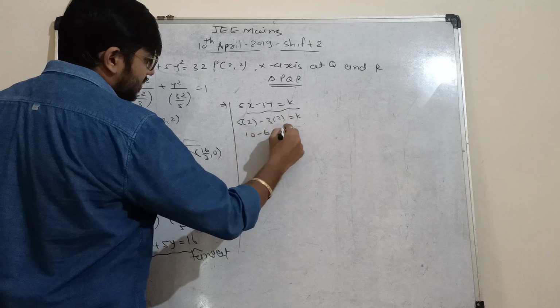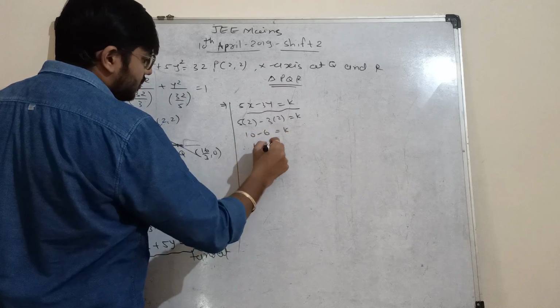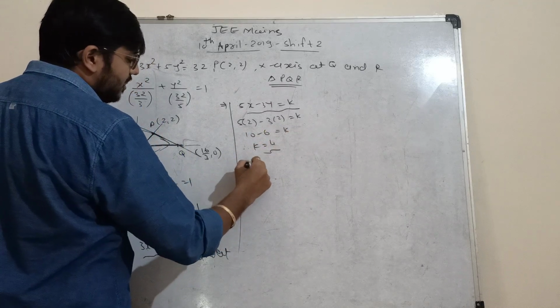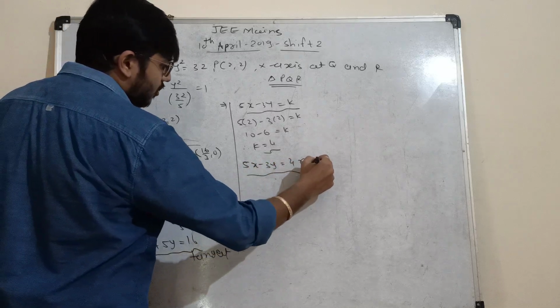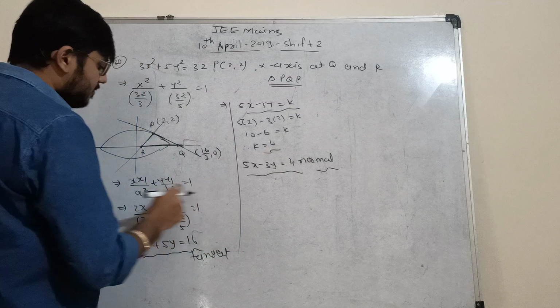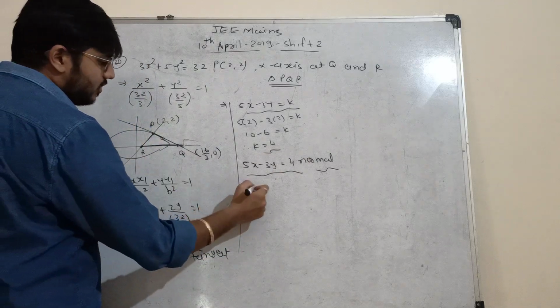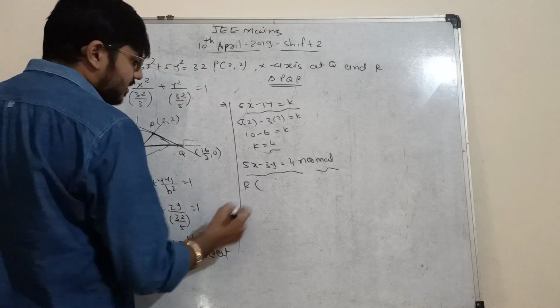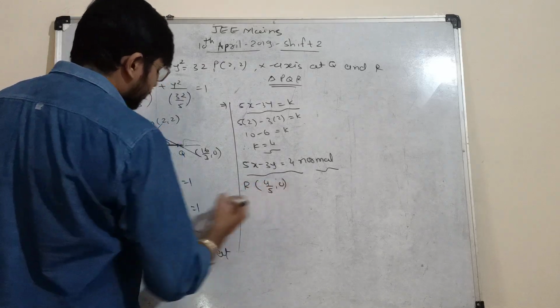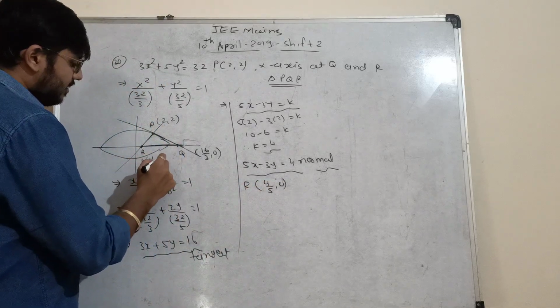So 10 minus 6 equals k, therefore k equals 4. So the equation of normal will be 5x minus 3y equals 4. This normal will intersect the x-axis at R, so R has coordinates 4 by 5, 0.